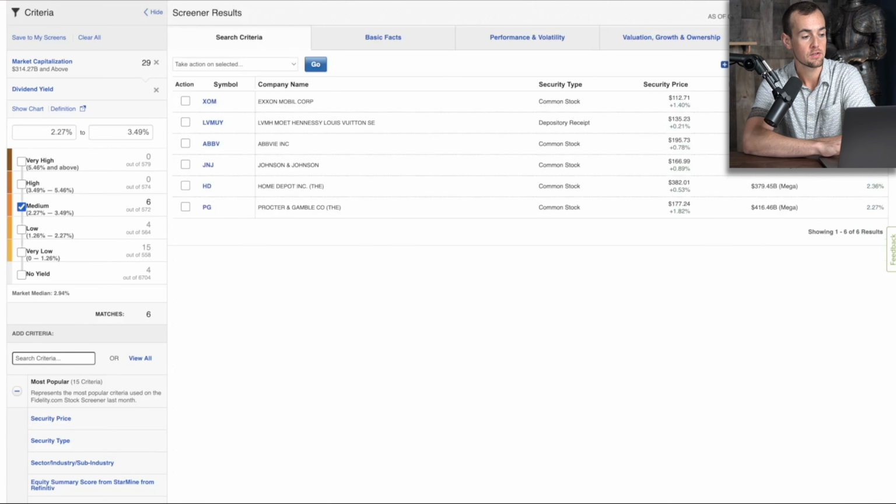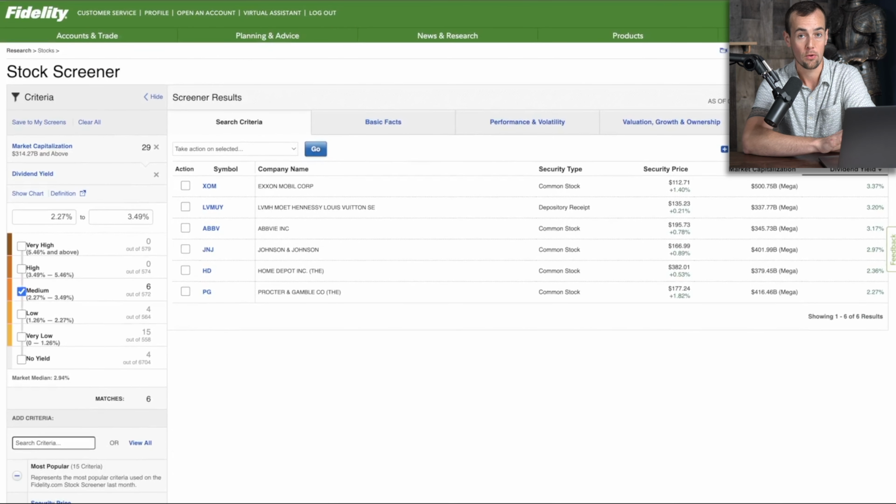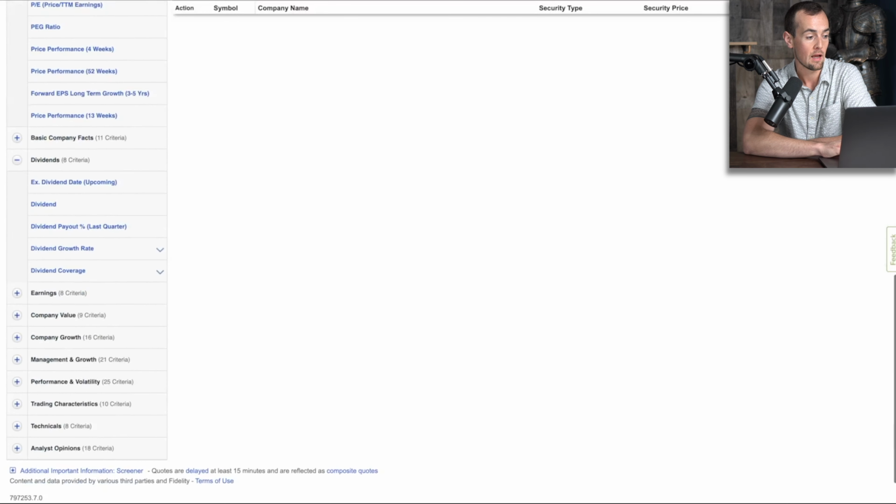This now gives you a list of those specific stocks that are both large cap and have a dividend yield in that set range. So this can be great for just getting ideas for different investments, and you can play around with all of these tools with any type of Fidelity account that you have.